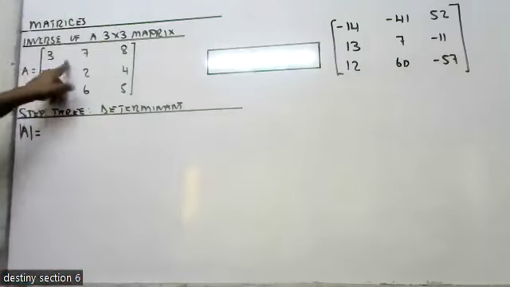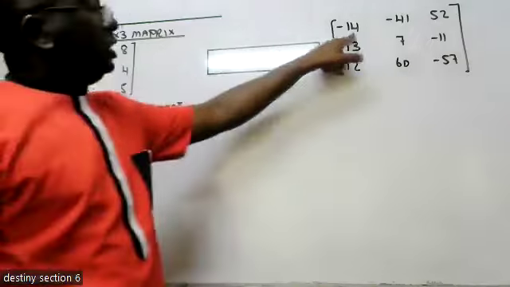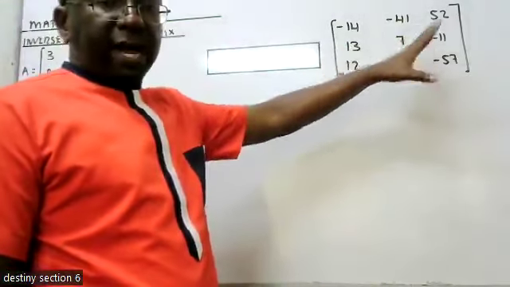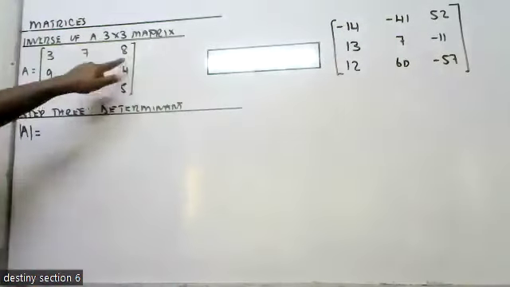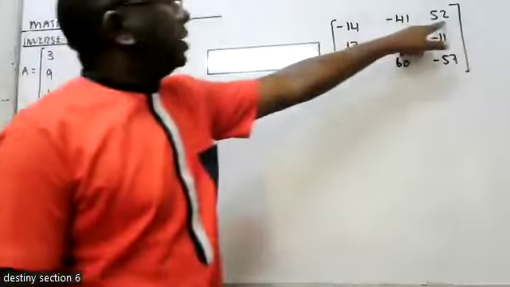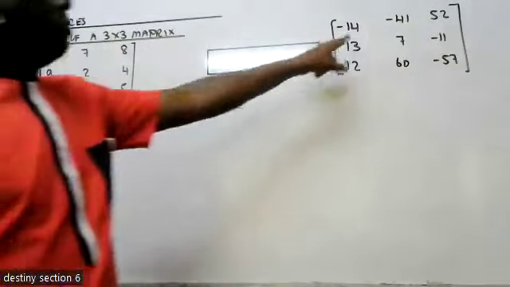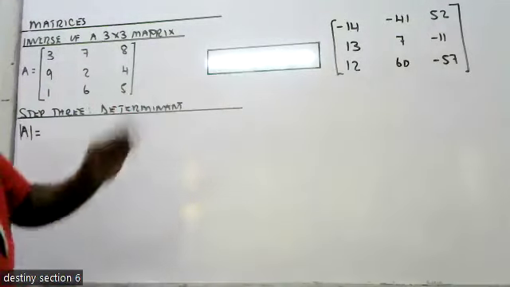these values in row 1 of the first matrix and the values in row 1 of the cofactor matrix. You multiply and add. So here, row 1 and row 1 here. But you can also take column 1 here and column 1 here, multiply, or whichever column.